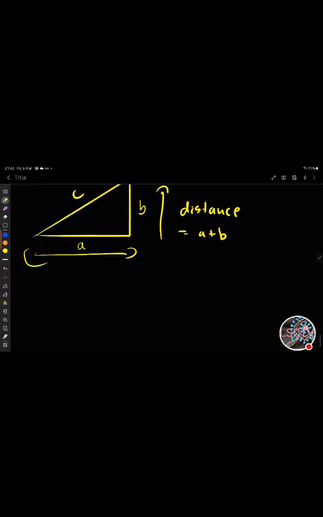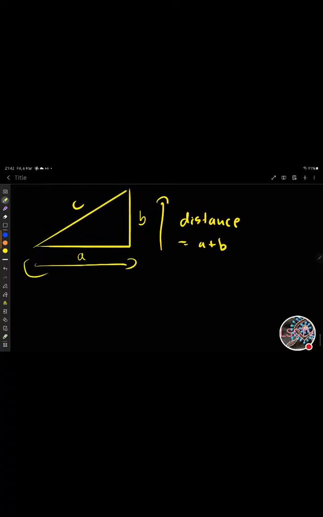Everybody knows that. Now, if I say displacement is also equal to A plus B, will it be correct? If I say the displacement is equal to A plus B, will it be correct?